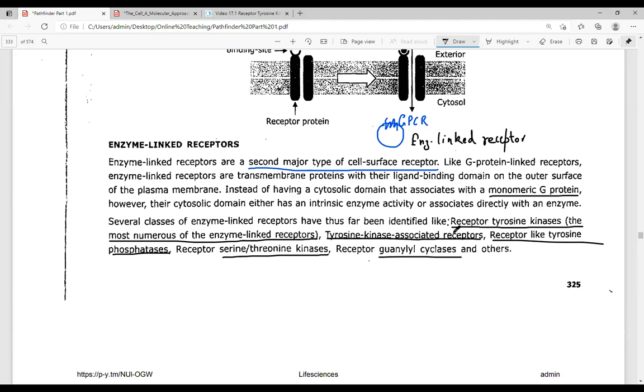Basically, they have been categorized into the cytosolic domain that has receptor tyrosine kinase activity, the cytosolic domain with which tyrosine kinase is associated, and the cytosolic domain which does not have any tyrosine kinase activity.